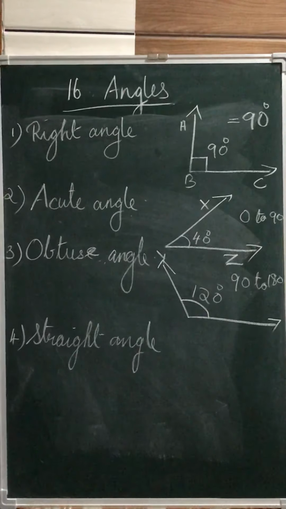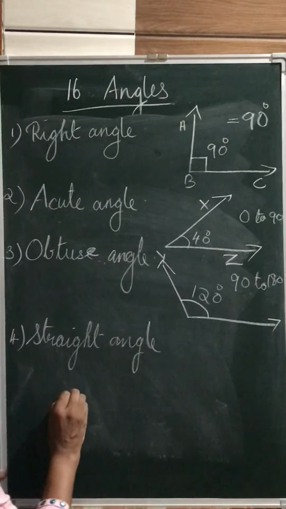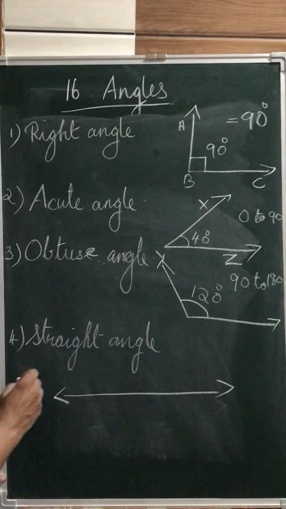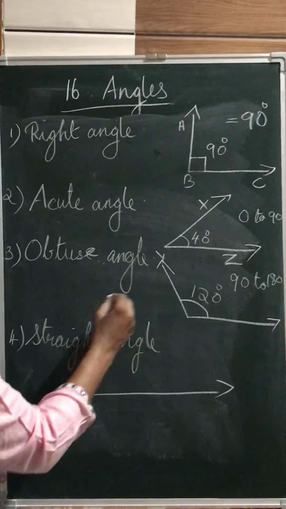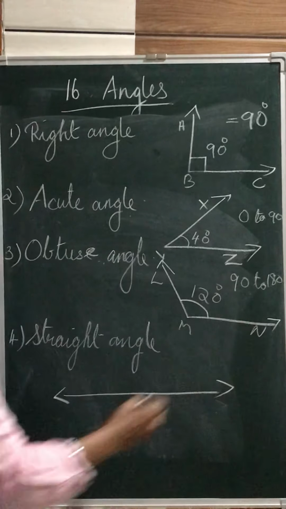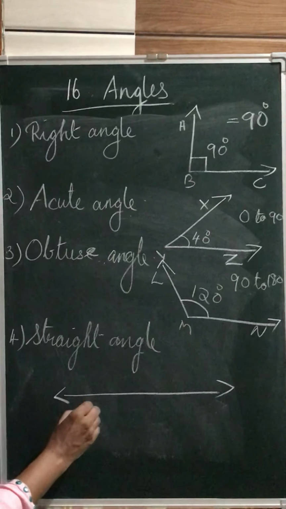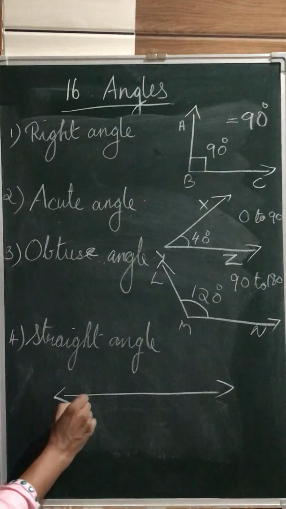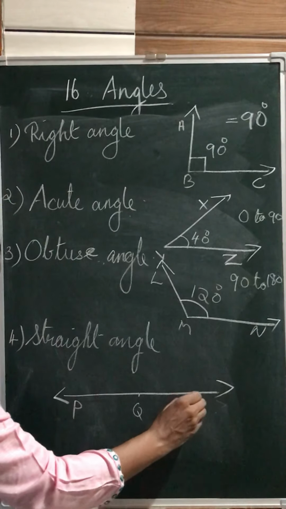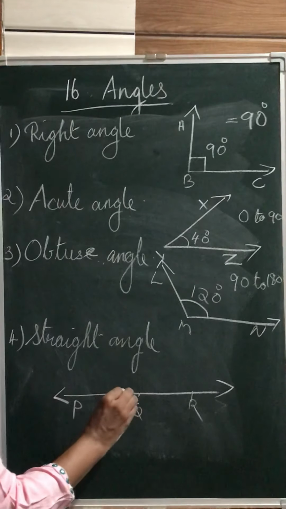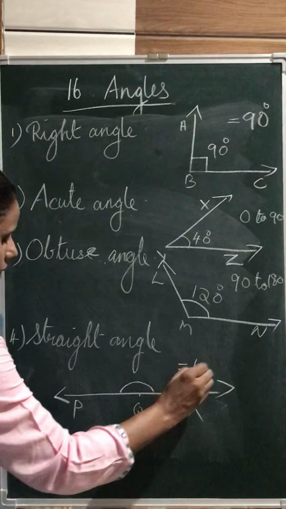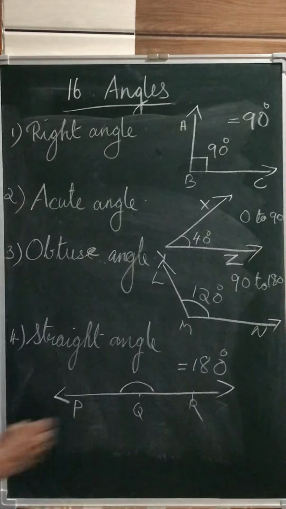Straight angle means the word itself says straight line. Measure here, I am saying L, M, N. Here I am taking measure is 180, equal to 180, then it is straight angle.